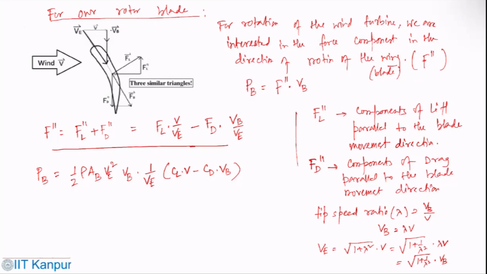So now if we bring this thing here, what you have P_B equals half rho A_B V cube, lambda square, 1 plus 1 by lambda square, C_L minus C_D into lambda.